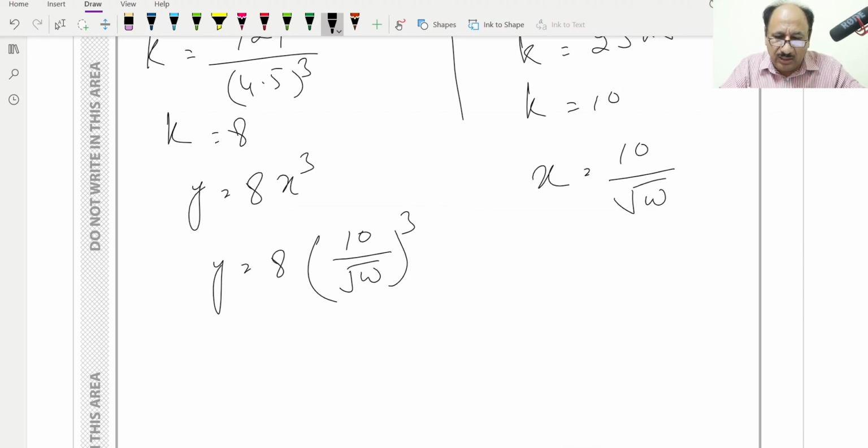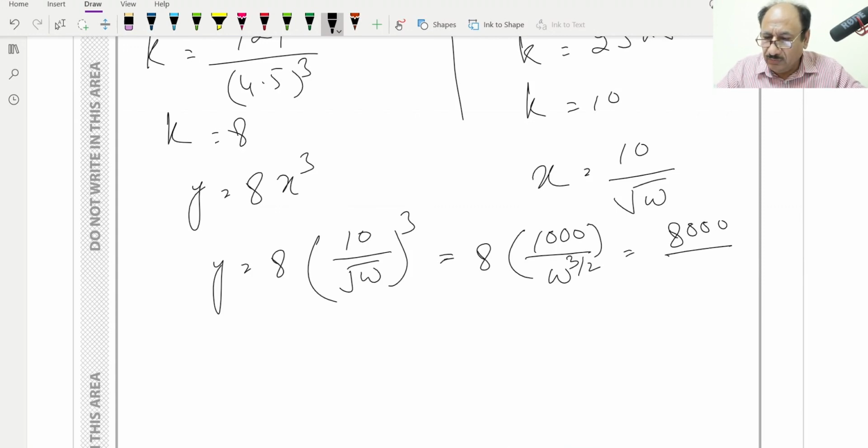We can write this as 8 times 10 cubed, which is 1000, over w raised to the power 3 by 2, and this will be 8000 over w raised to the power 3 by 2, or we can write y is equal to 8000 w raised to minus 3 by 2.